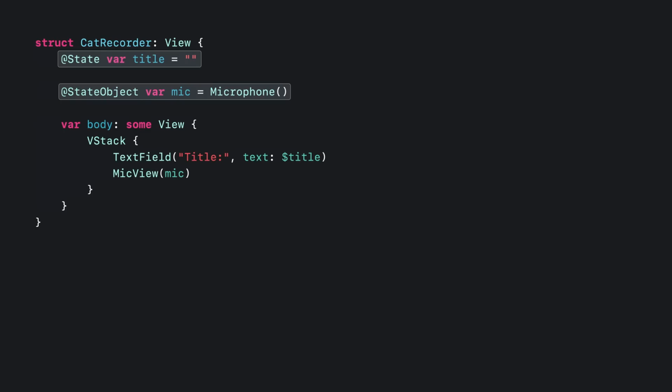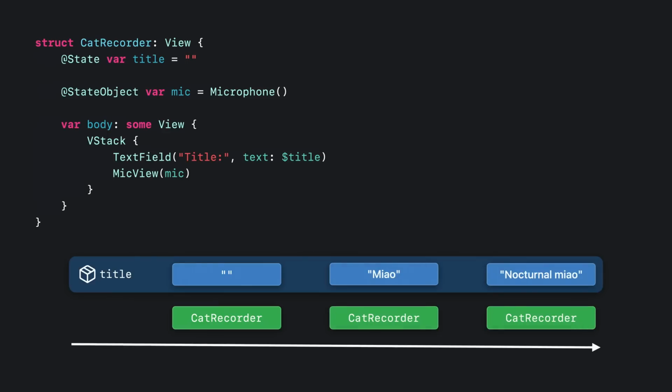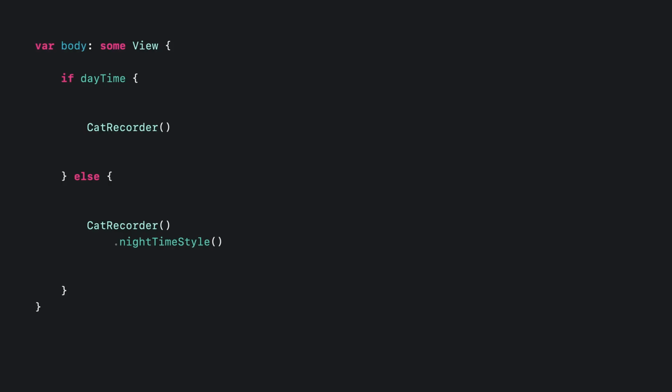At the beginning of a view's identity, when it's created for the first time, SwiftUI is going to allocate storage in memory for State and StateObject, using their initial values. Here we're focusing on the title state. Throughout the lifetime of the view, SwiftUI will persist this storage as it gets mutated and the view's body is re-evaluated.